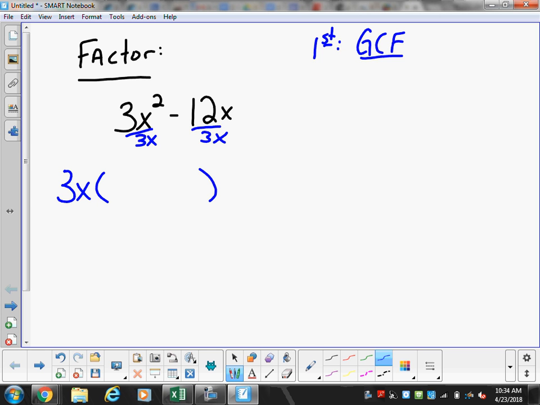X squared divided by x is just x. And then the negative 12x divided by 3x, the x's are just 1. So x divided by x is just 1. So then negative 12 divided by 3 is just minus 4. And so every time, what you're going to do first is look for greatest common factor.